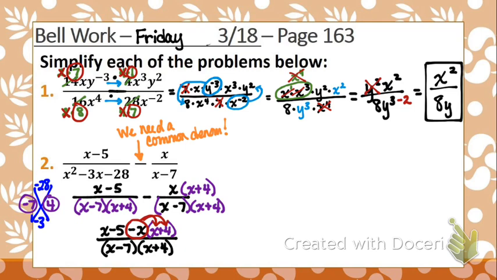So I'm going to bring my work up and around. That means up in the numerator, I have x minus 5 minus x squared minus 4x.